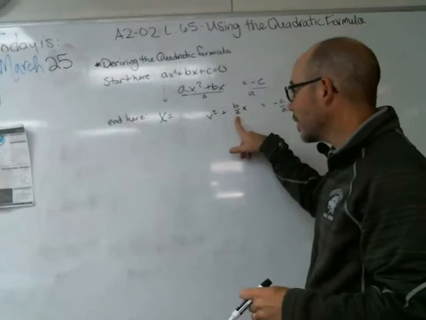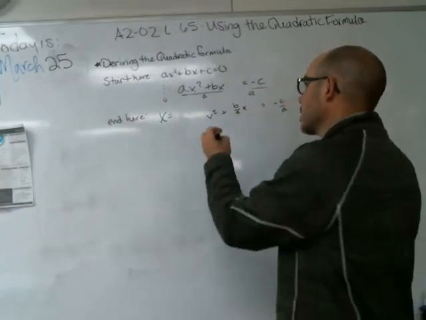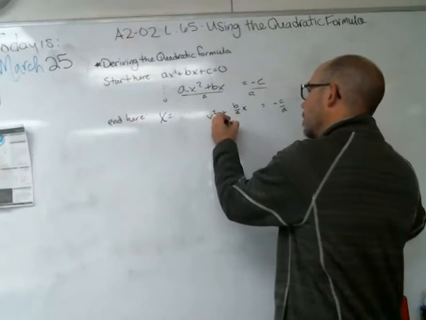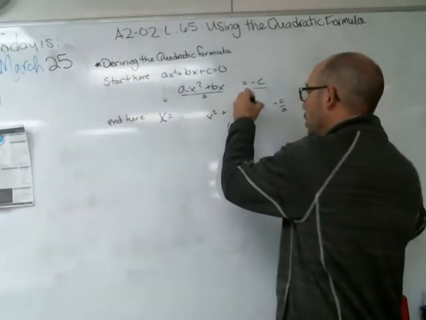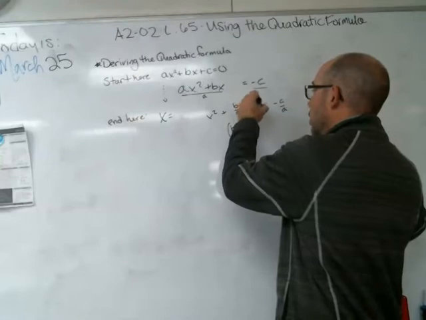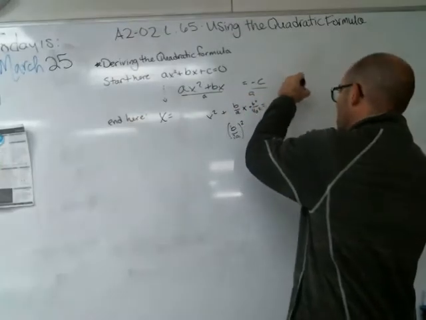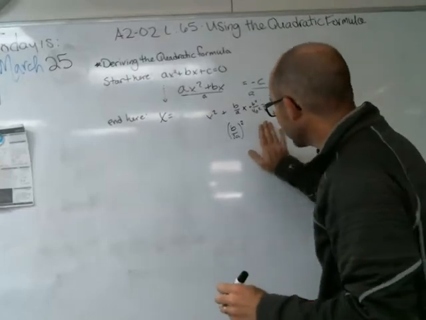We would take half of this and square it and add that to both sides. Half of b over a is b over 2a. That part gets squared, so we would add b squared over 4a squared on both sides.